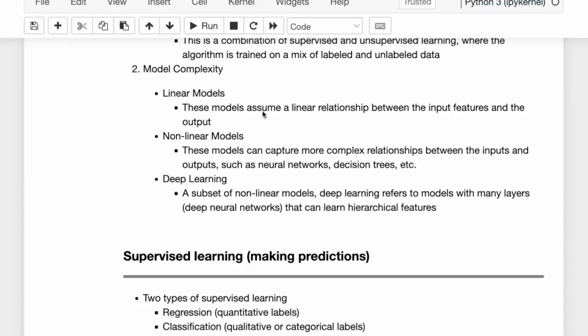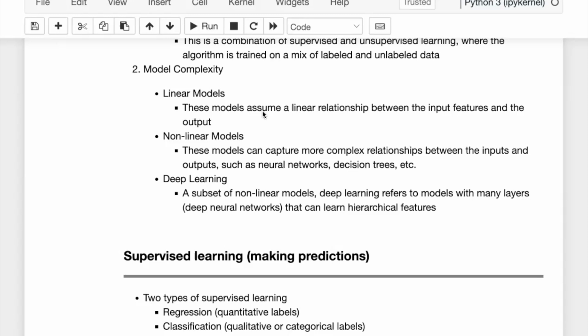We also have nonlinear models that can capture more complex relationships between inputs and outputs. And something I want to emphasize here is that neural networks are not necessarily the only nonlinear models that are becoming very popular and very important, but there are also other ones too, such as decision trees and so on. And therefore, just keep in mind that we have a wide array of nonlinear models.